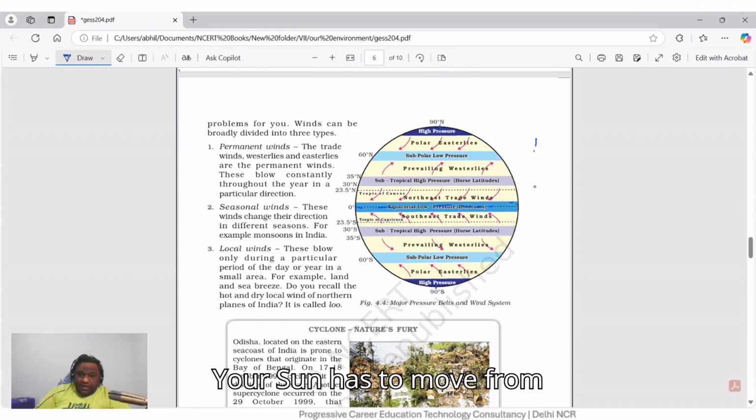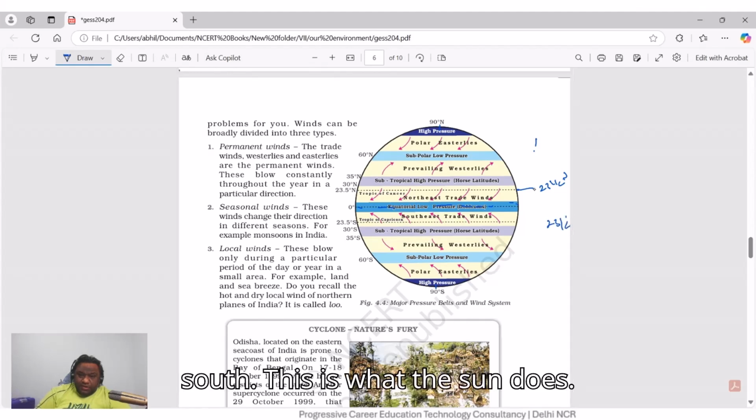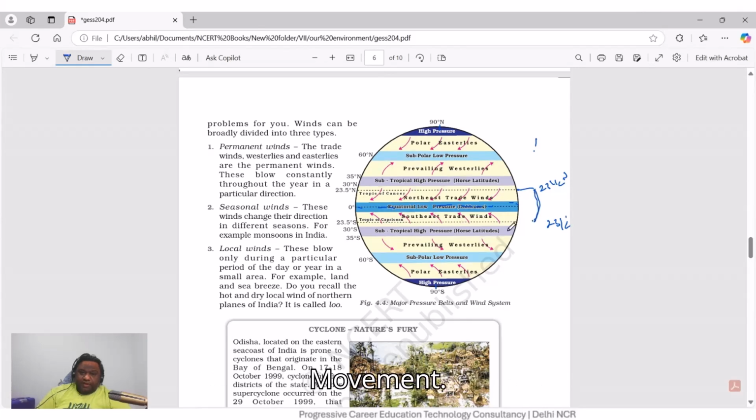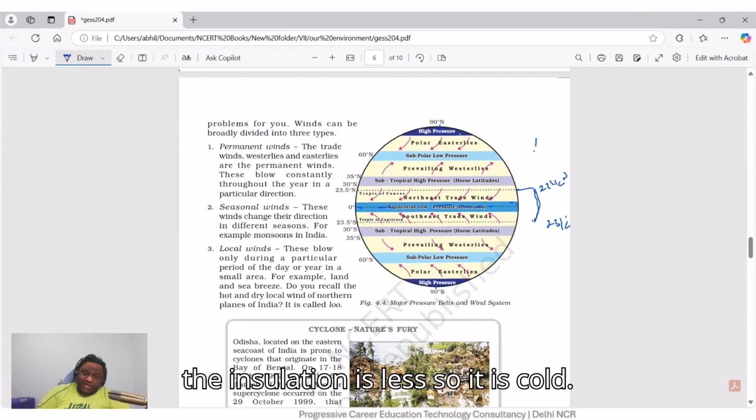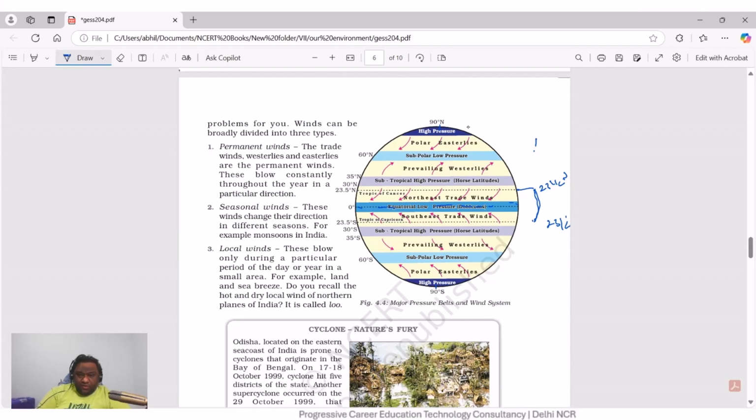The sun has to move from the Tropic of Cancer, 23 and a half north, to 23 and a half south. This is the movement the sun does. So when insolation is falling on this area, it will definitely be hot, and here the insolation is less, so it is cold.